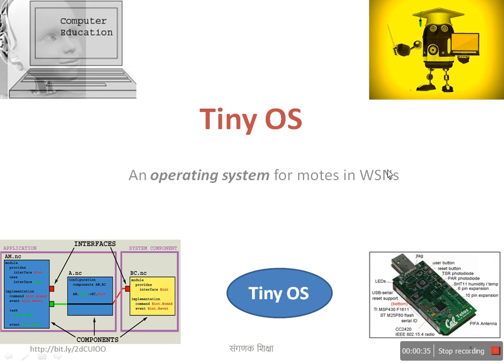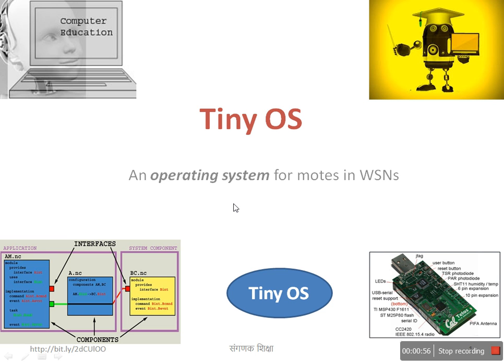So let me brief about what an operating system is. An operating system provides an interface between your hardware component, and here my hardware component is any mote or any sensor node which is used in a wireless sensor network.